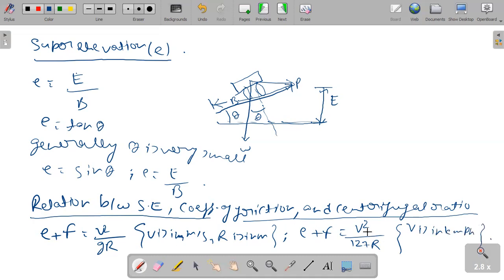Basically, this equation is the equation for horizontal curve design.